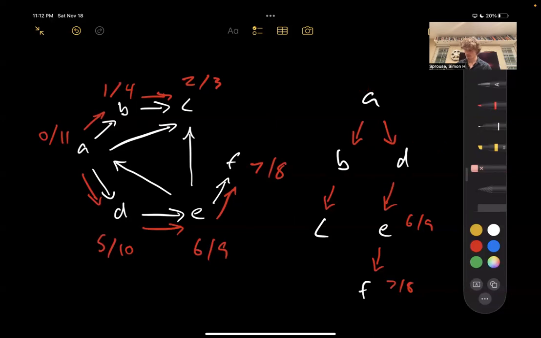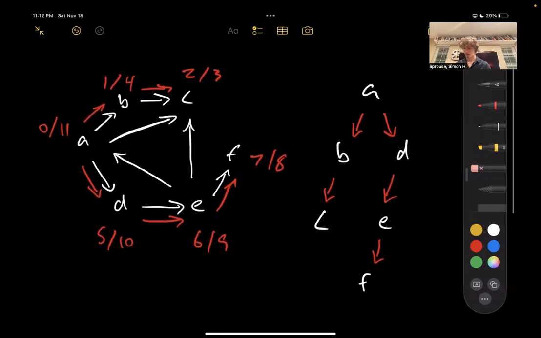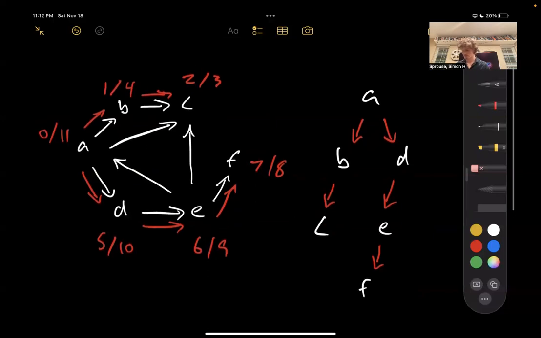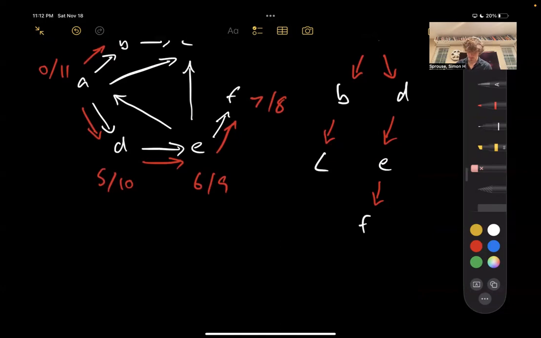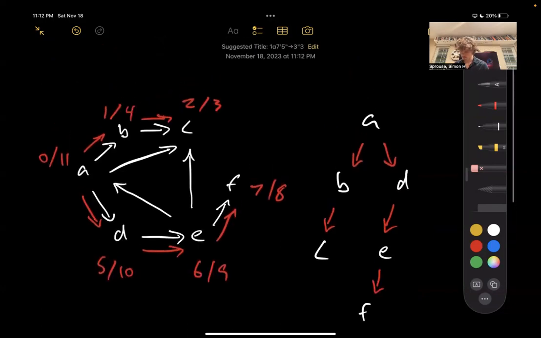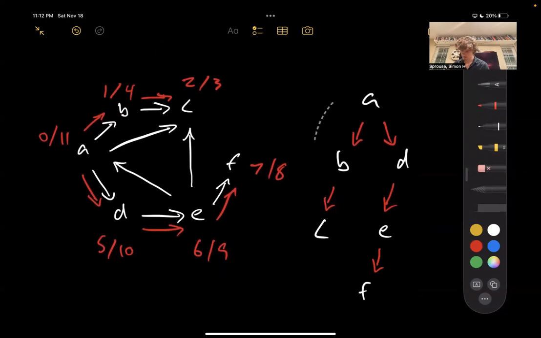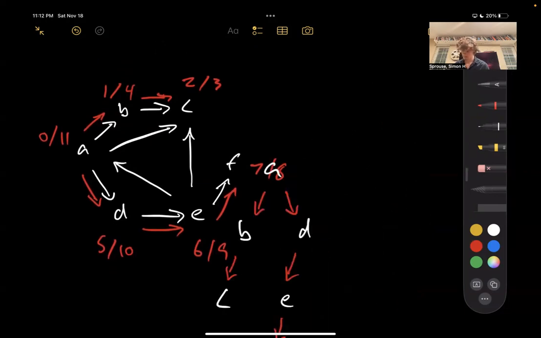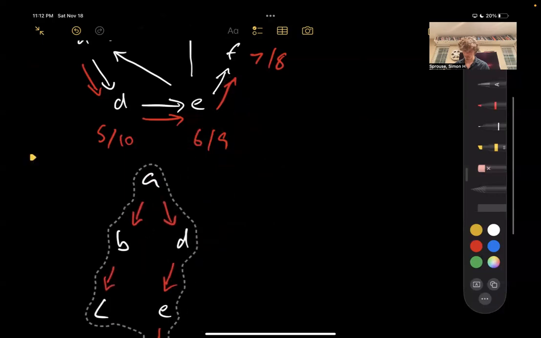Okay, so the first type of edge, and let me actually color code this in a second, is known as the tree edge. I'm going to move this tree down so that I have more room.